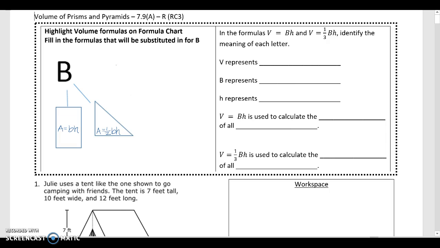Okay, so over here to the right, we're going to look at what each letter represents. So we're looking at the formulas. V equals big B times height, and V equals 1/3 big B times height.